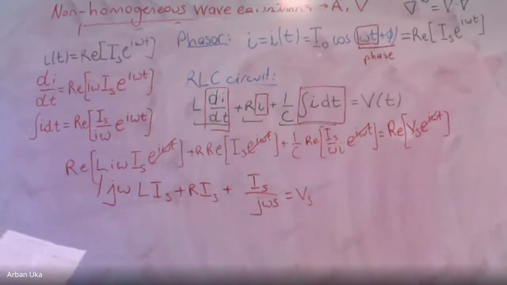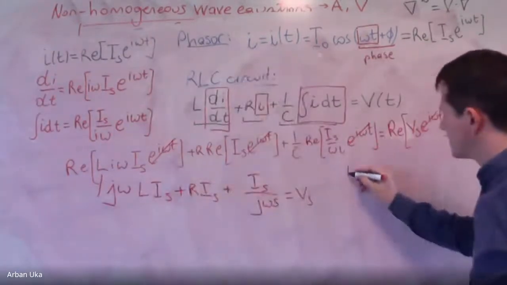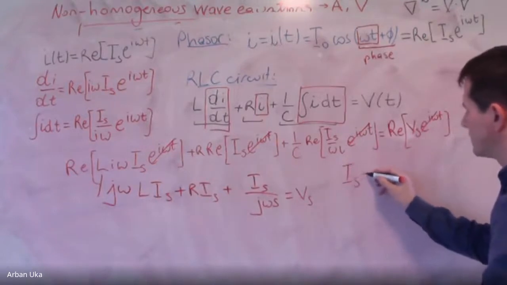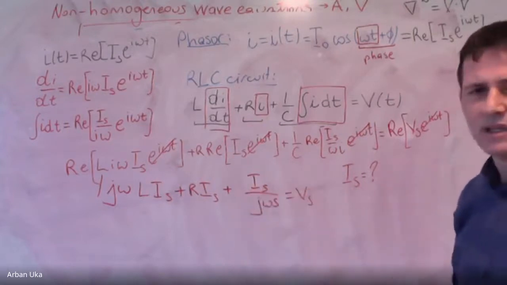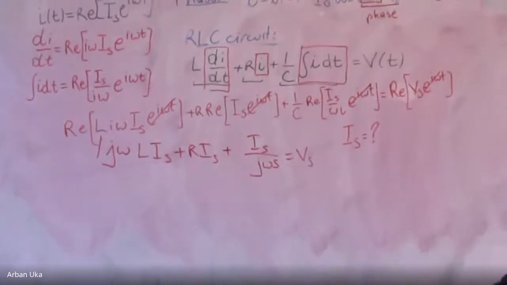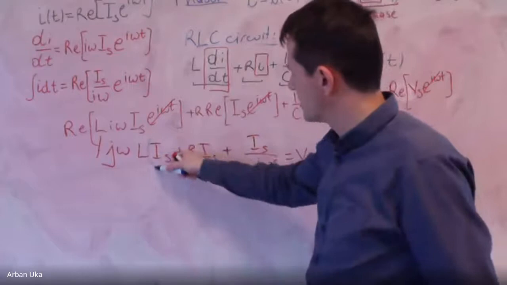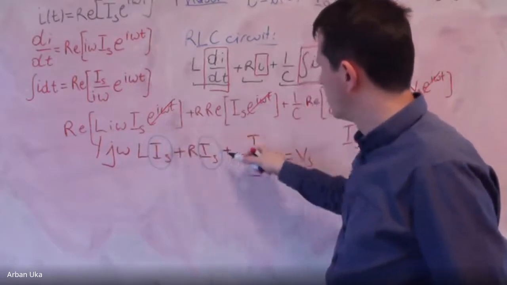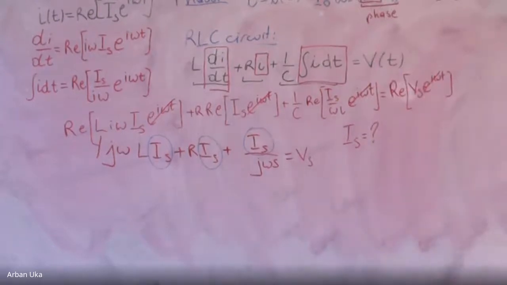So this is what we get. And the question at this point is: what is the current phasor? We have this expression here, so let's identify the current phasor. All we need to do is factor out the Is. It's easy, it's all linear. We don't have any nonlinear term where we may need to take a square root or any complex expression.